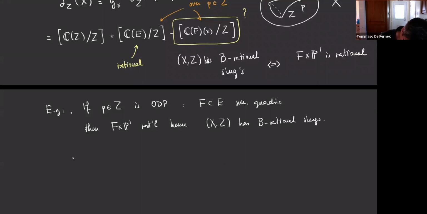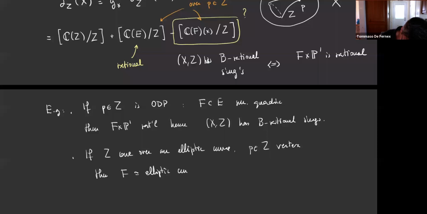On the other hand, if Z is a cone over an elliptic curve, and P inside Z is a vertex, then F is just isomorphic to the elliptic curve. So F cross P1 is not rational.